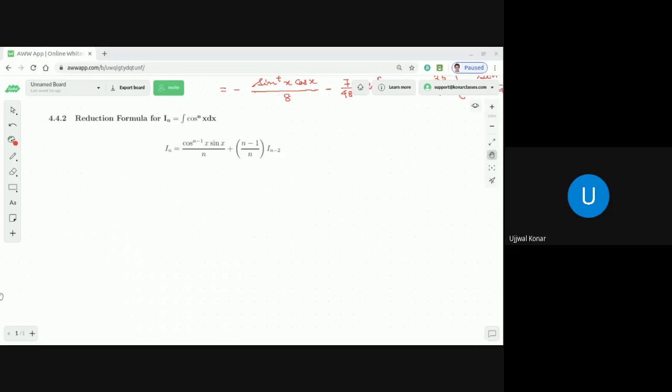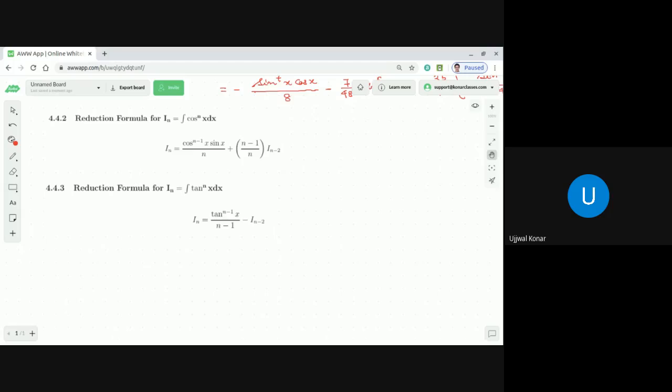Yes, sir. Okay. Then, after sine and cos, what generally comes is the tan. And here is the formula for tan. That is the reduction formula for the integral of tan to the power n x dx.